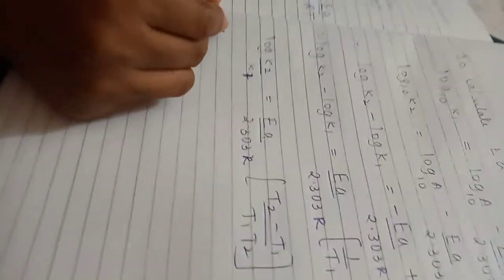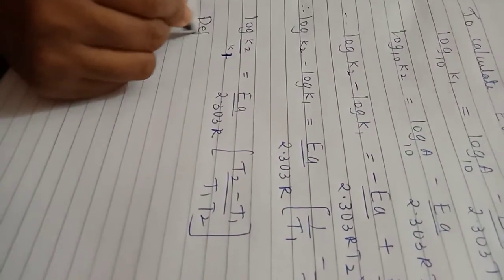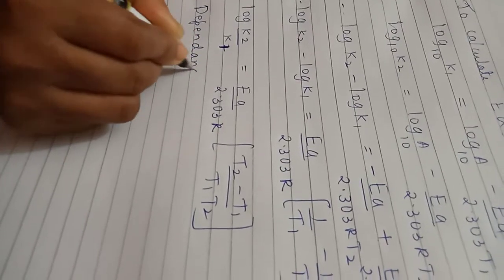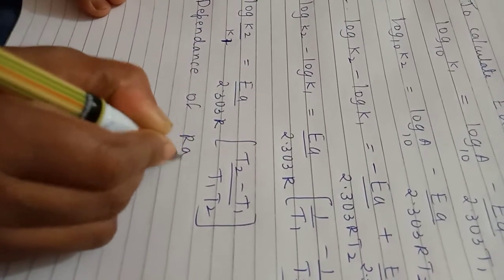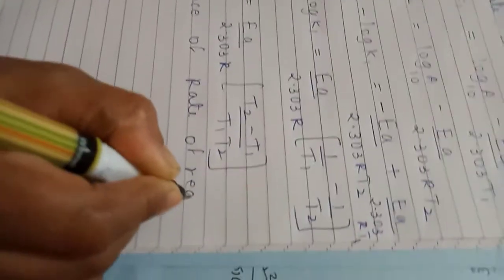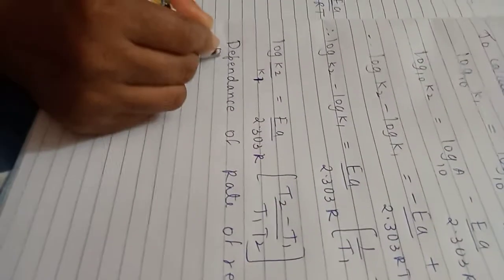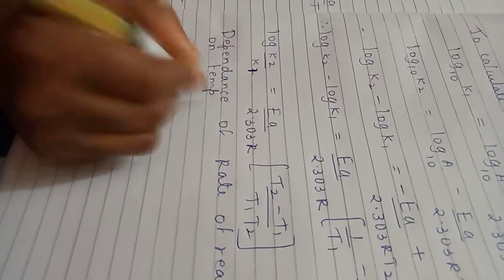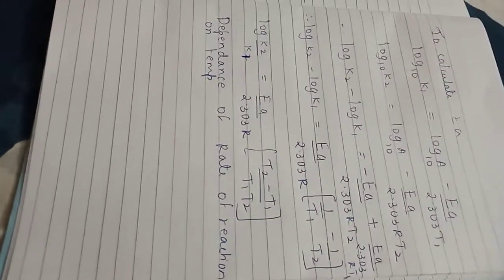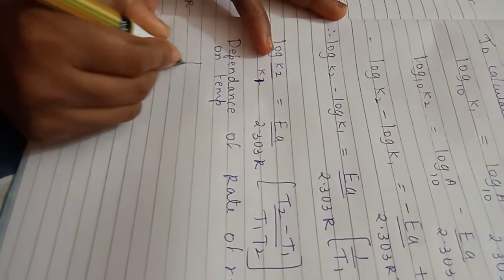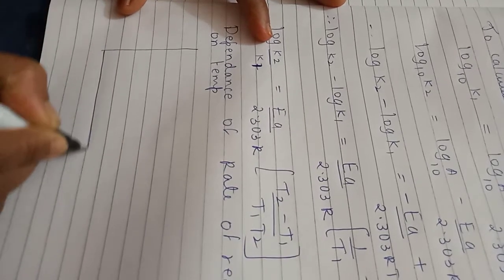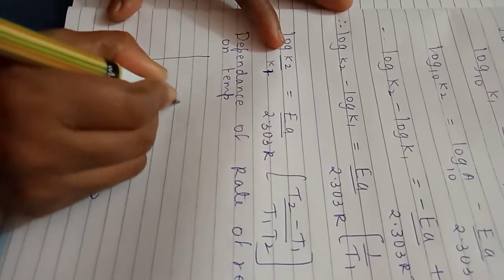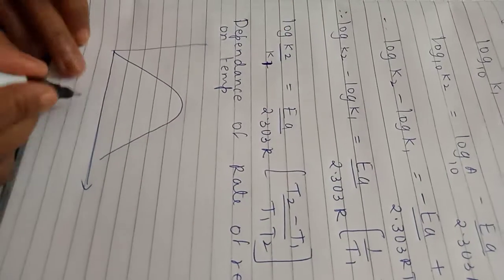Now, we will calculate the dependence of rate of reaction on temperature. We already know that rate of reaction depends on the kinetic energy of the molecules and orientation of the molecules. Now, how does it depend on the temperature? Students, when you plot a graph of what?